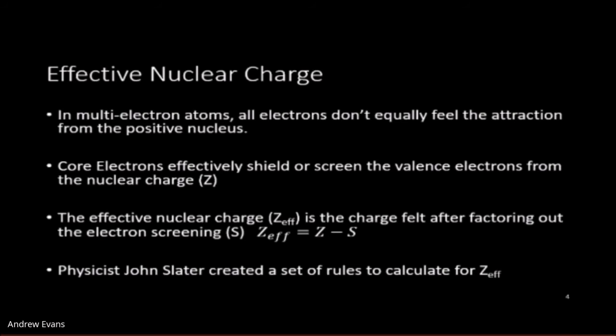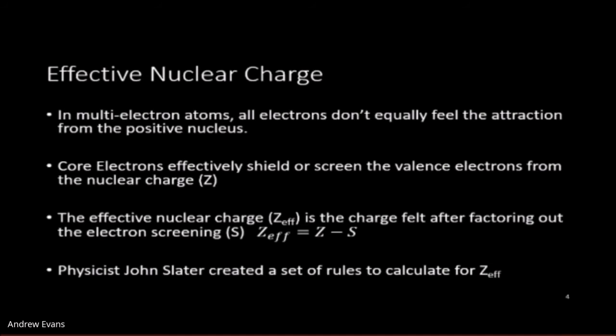So the nuclear charge, Z, is how many protons we have. Well, Z effective is how well the outermost shell feels that. Z effective could be the charge minus the shielding effect, the screening effect. How well do these other electrons block out the core?